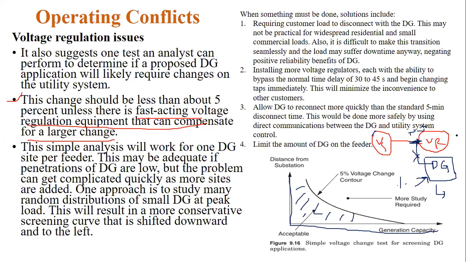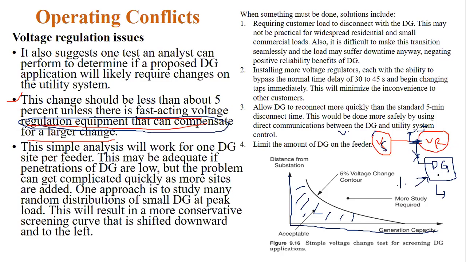At the same time we can calculate the voltage regulation, and how fast the voltage regulation equipment activates to clear the fault. This is the first case. What is the voltage change while the DG is removed from the system?